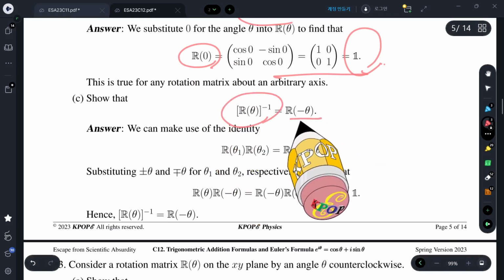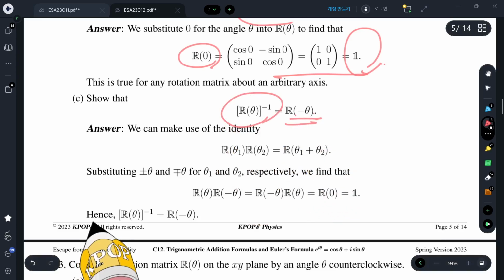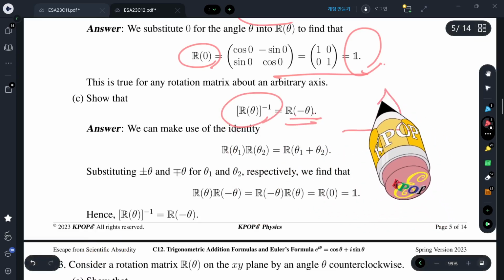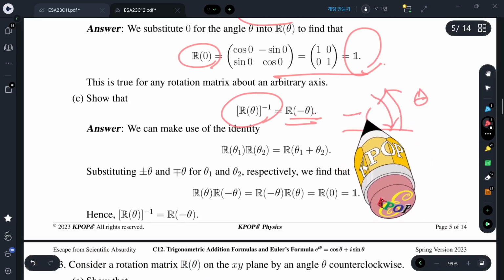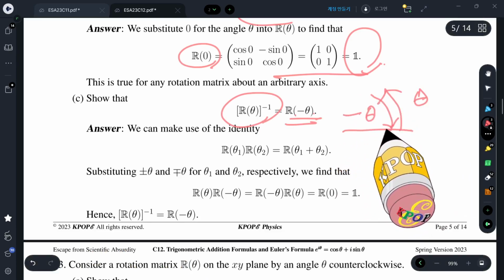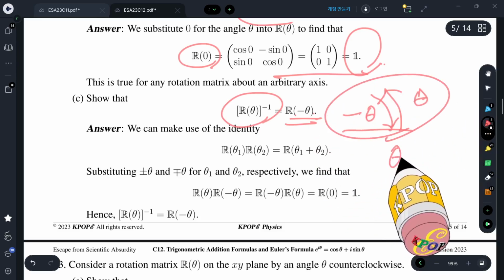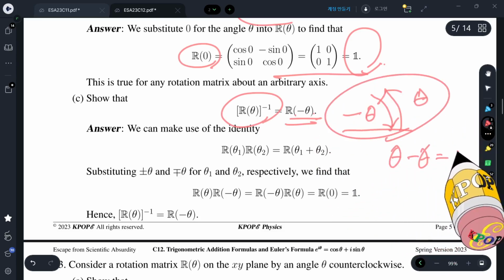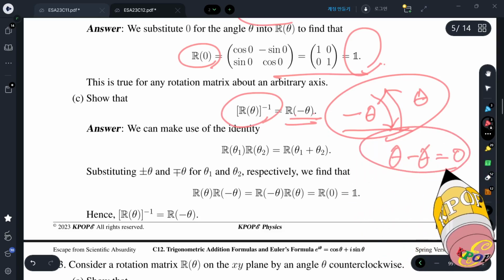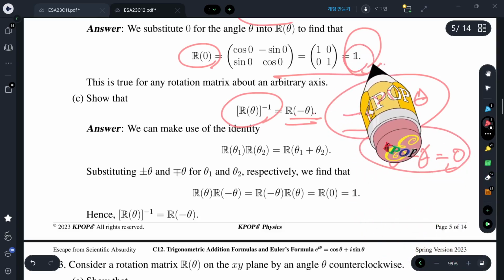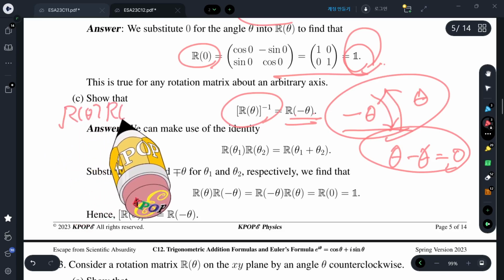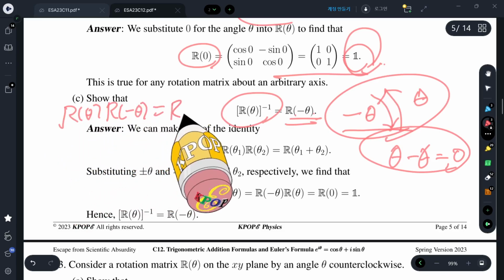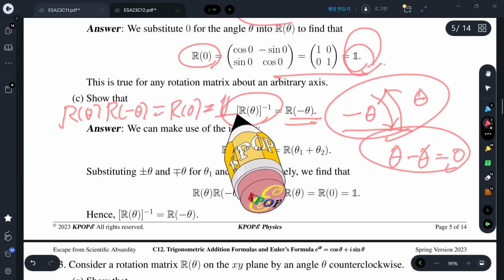Inverse is nothing but R minus theta. Why? We rotate by an angle of theta, and if we rotate by an angle of minus theta, then the resultant angle is theta minus theta equals 0. If I don't rotate, that is identity. Therefore, R theta multiplied by R minus theta is R0, that is the identity matrix.